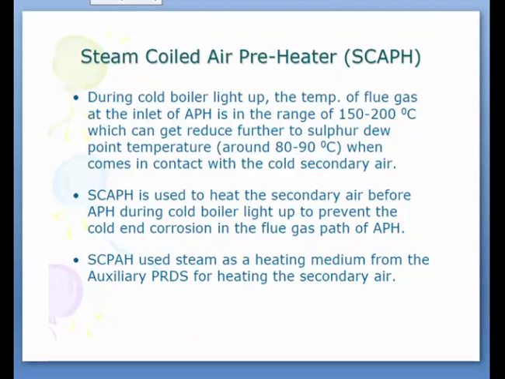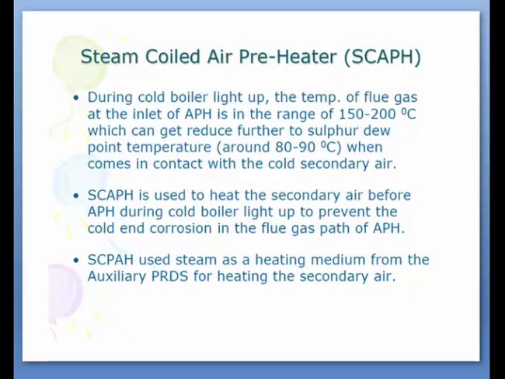So in a nutshell, you can understand that when the available temperature of flue gas at the inlet of air preheater is less, in a range of 150 to 200 degrees centigrade, in that case, if that flue gas passes directly through the air preheater after transferring its heat to the incoming cold secondary air, its temperature may fall further below, and chances will be there that it can go up to the dew point temperature of the sulfur.